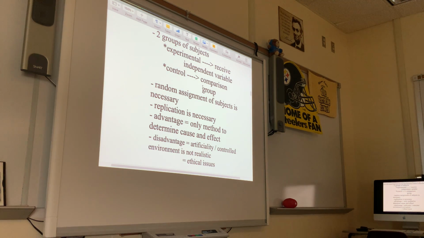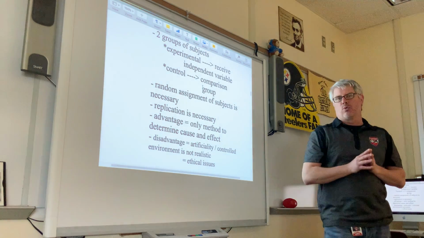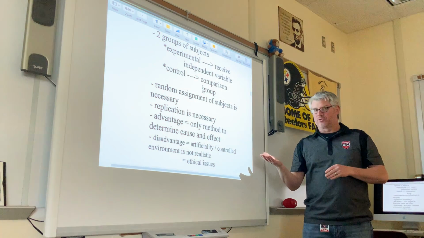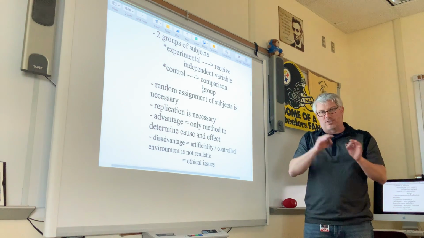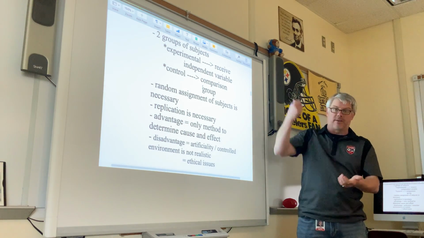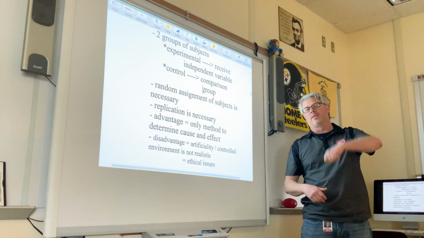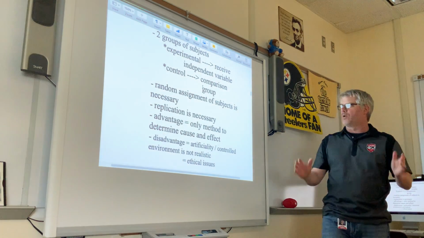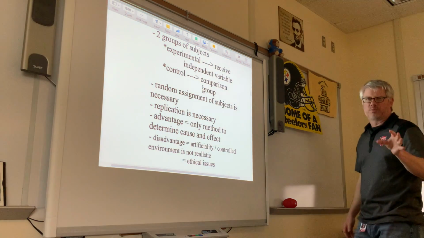It means that, this is the way I'll put it definition-wise, all subjects in your experiment have an equal chance of either being in the experimental group or the control group. You do not pick and choose and select which subjects to put into which group. You do it randomly. Basically, you pull names out of a hat. You say, all right, the first 5 names I'm pulling out are going to be the experimental group, and then the second 5 will be the control group. However you do that, it needs to be random. It just makes your results much more valid that way.